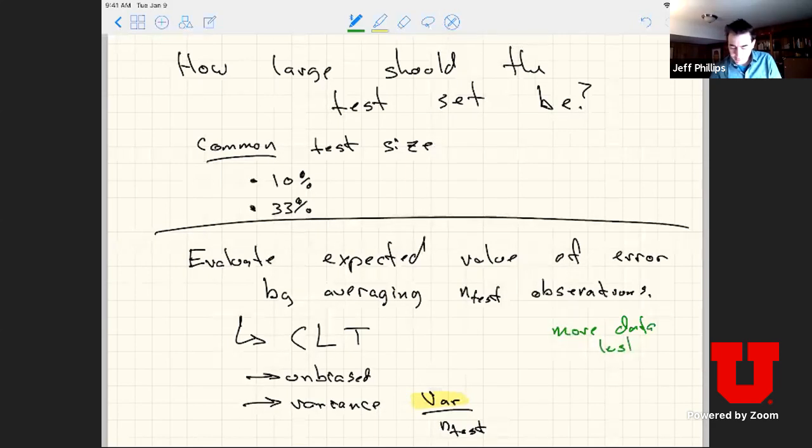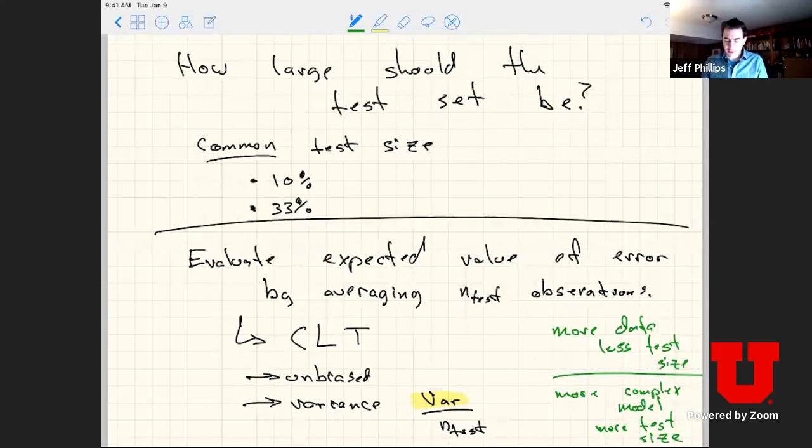Okay, so the general rule of thumb is: more data, less test size, but also a more complex model, then you want more test size.